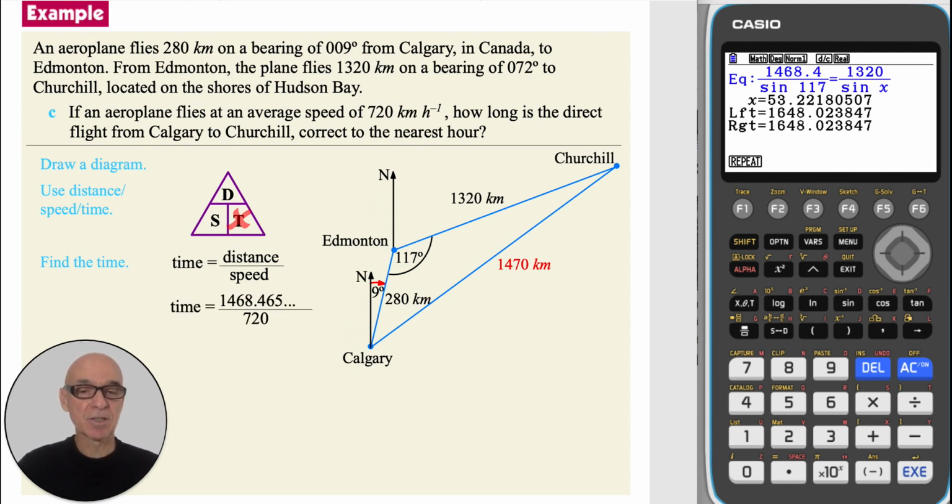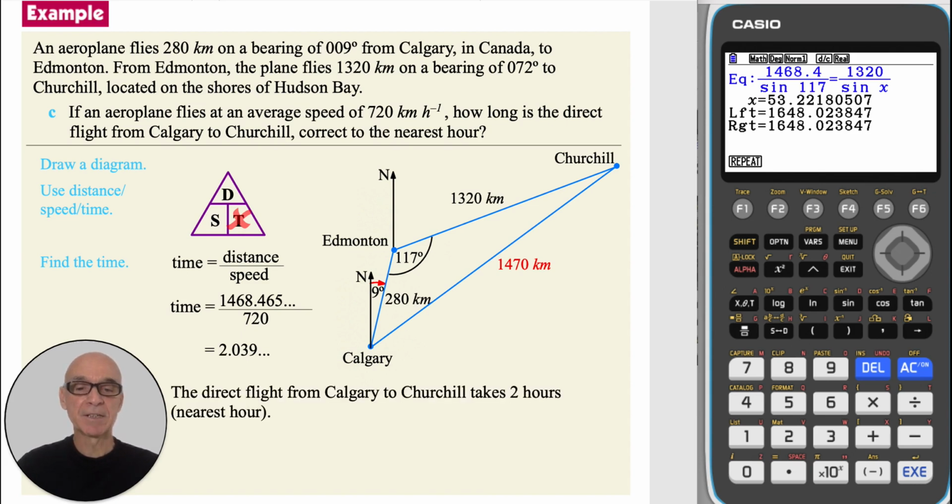Substituting in your answer from part A for the distance and an average speed of 720 kilometres per hour, and performing the calculation gives the value shown. So the direct flight from Calgary to Churchill takes 2 hours, correct to the nearest hour.